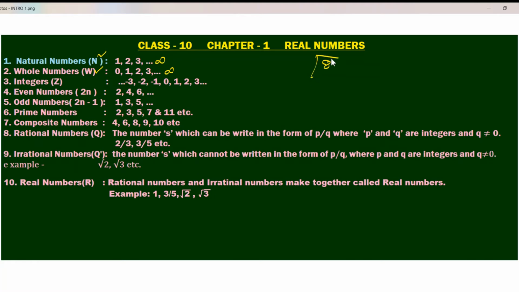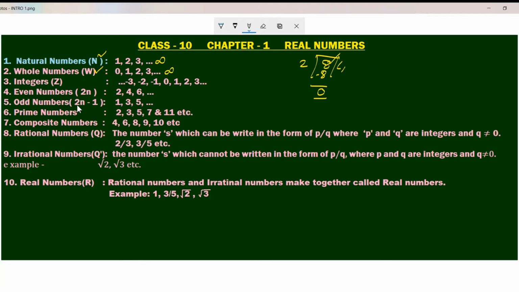We have to divide it by 2. So if we divide, 4 2s are 8, which gives 0. That means 2 exactly divides this number. So we can call that this number is an even number.